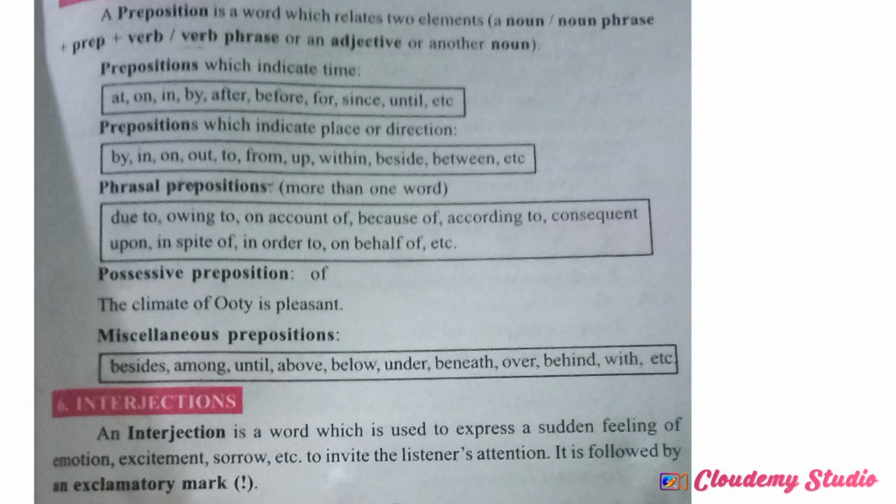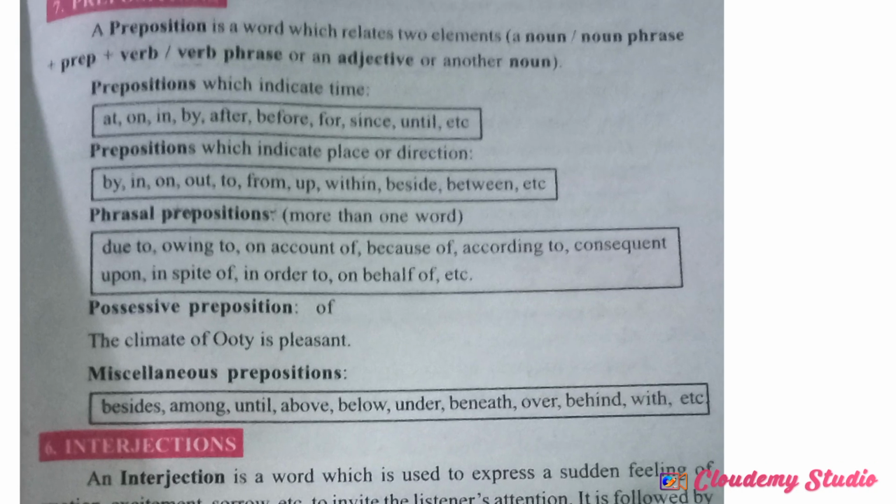Next one, on. What is the word on? On will be used for showing some kind of things on a surface. For example, the pen is on the table. I am sitting on a chair. It is showing the position of a person.